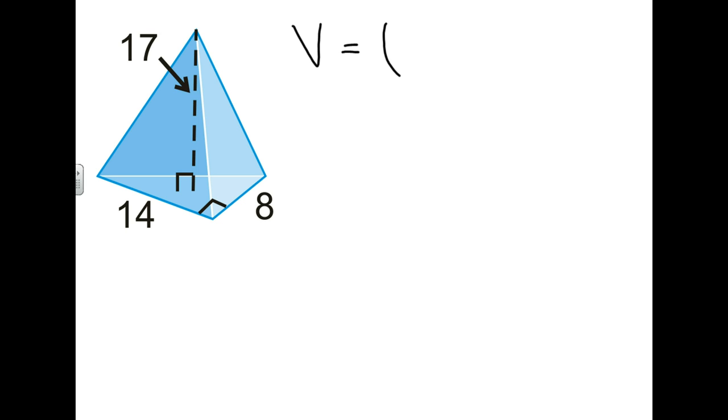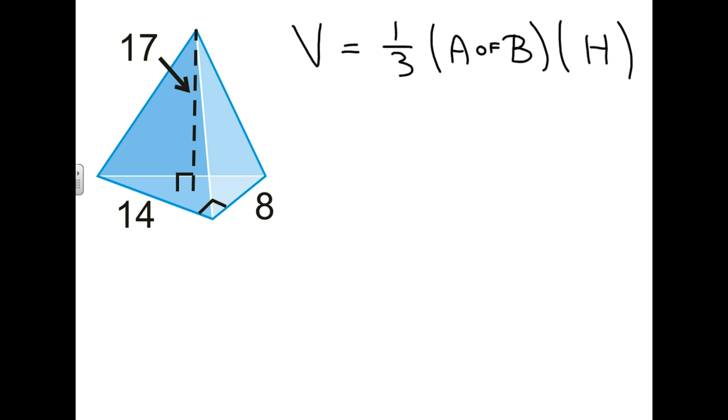So the formula is 1/3 area of the base times the height. The thing is the shape of the base will change shapes. So in this case, the base is a triangle. So our base here is triangular.